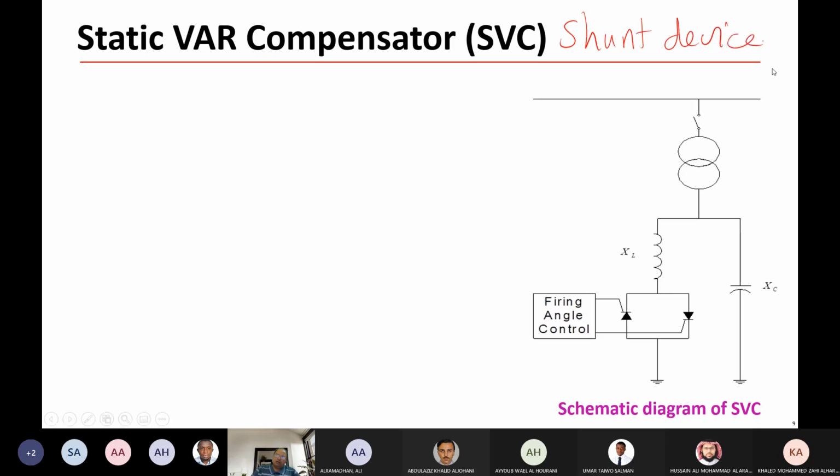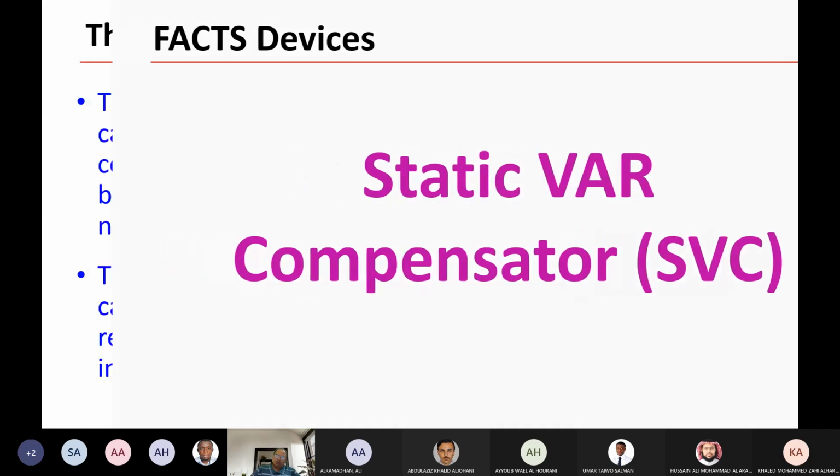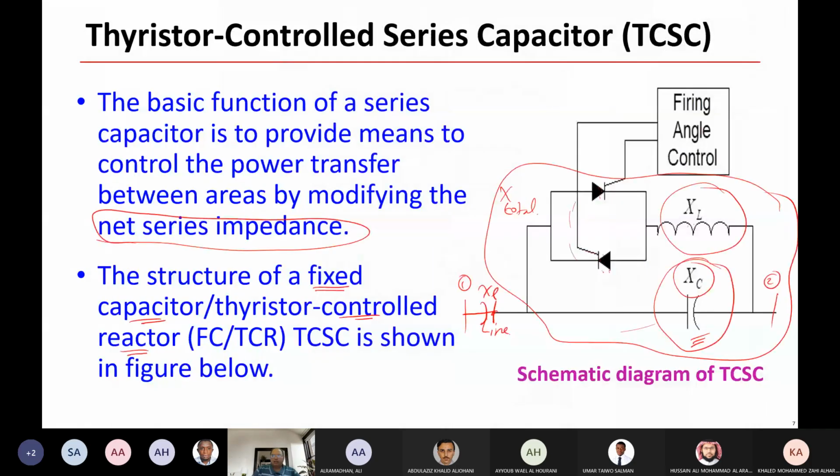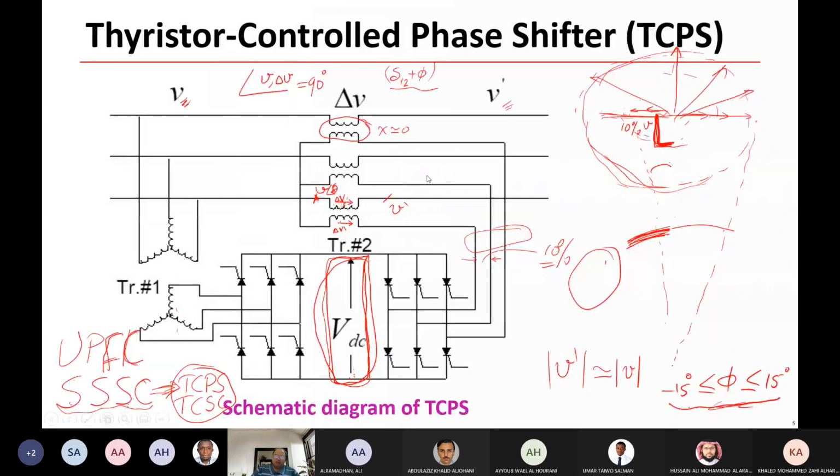Unlike the thyristor controlled series capacitor, which is the series compensation or series device, and you do compensation through series, and also for the TCPS, this is also series compensation.